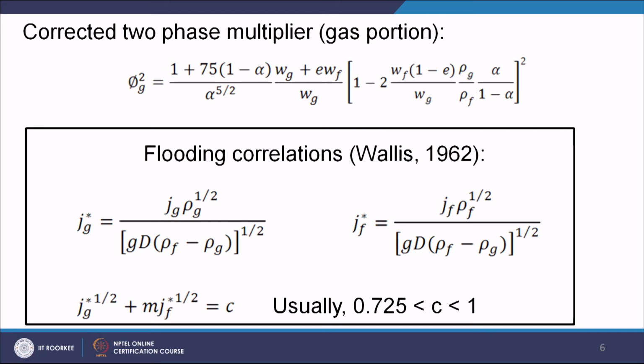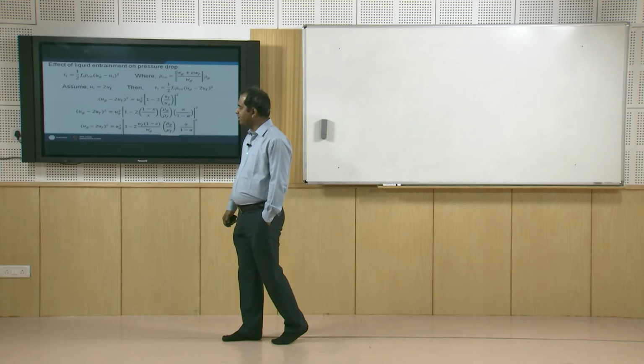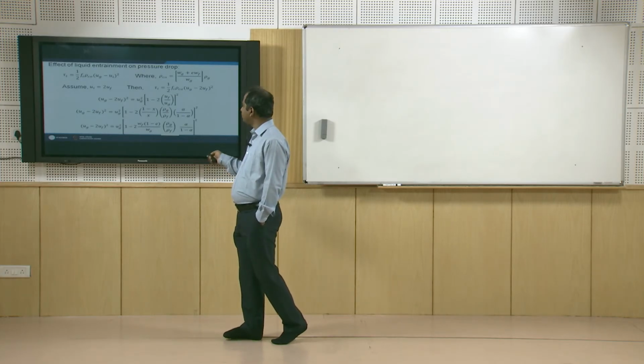You see, rho CO I have already shown you over here; rho CO is (Wg plus E into Wf) by rho g. So, that multiplier will be coming also over here, because rho g is changing to rho CO, and your Ug square which was there earlier in the Wallis criteria is changing to (Ug minus 2 Uf) whole square. That means this whole expression.